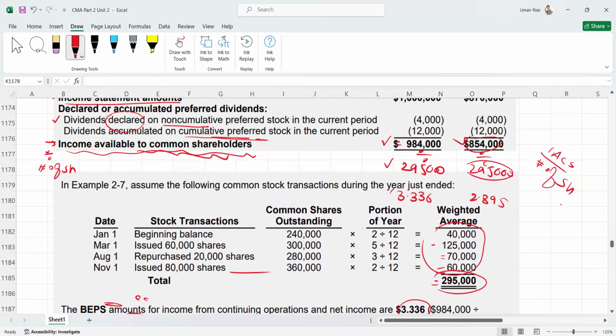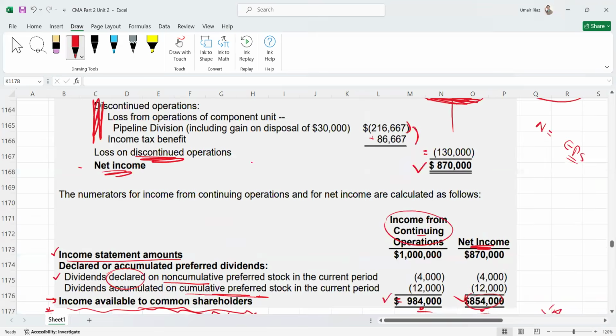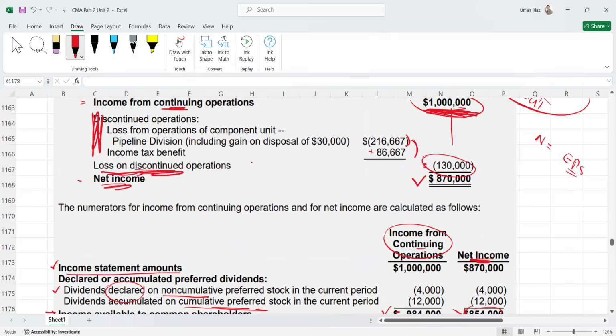Now see guys here. This is the EPS from continuing operations, and we can expect this in the future also. But this EPS here is decreased. Why? Because we have a discontinued operation in the income statement, and in the discontinued operation we have a loss. The loss on discontinued operation is 130,000.